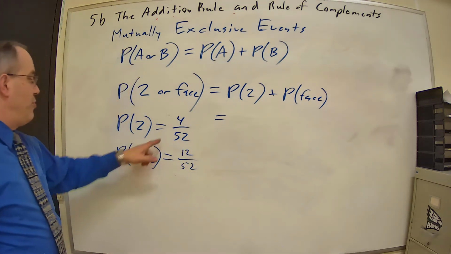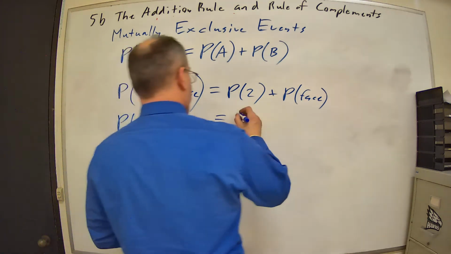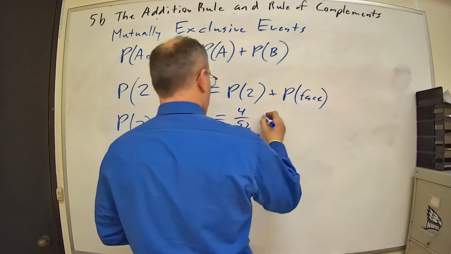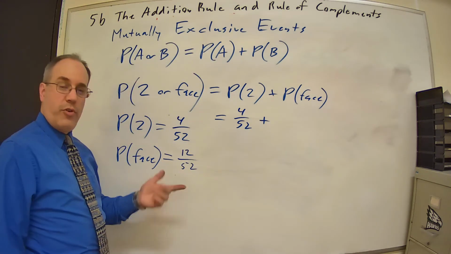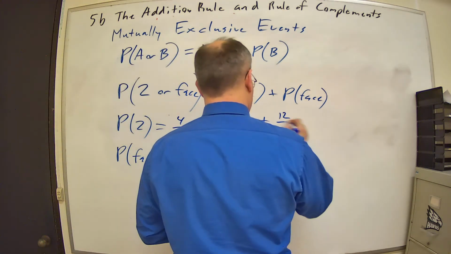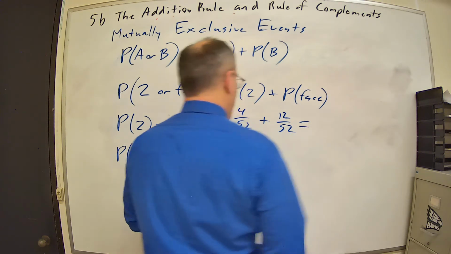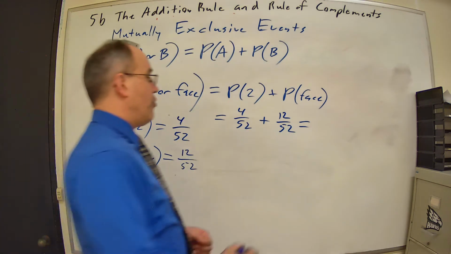which is equal to 4 over 52 plus 12 over 52, which gives you 16 over 52.